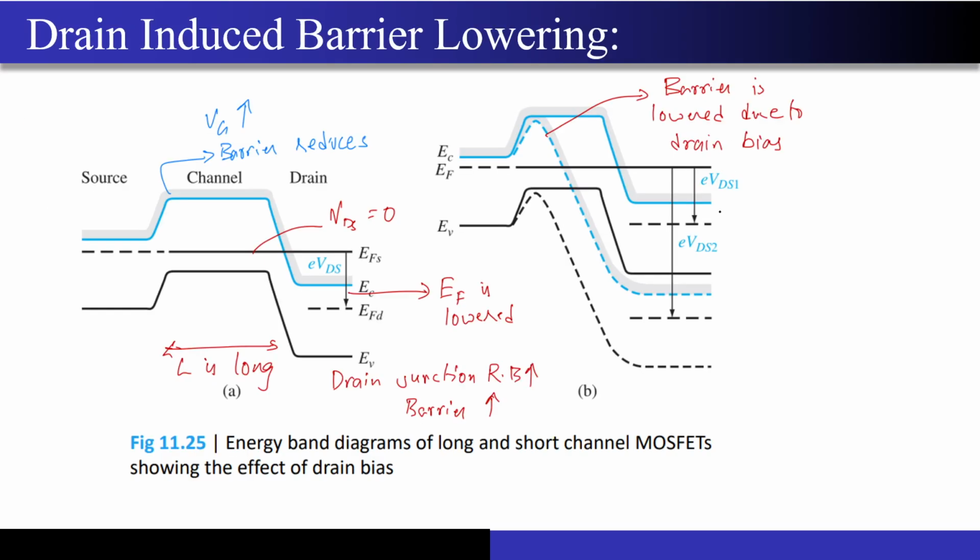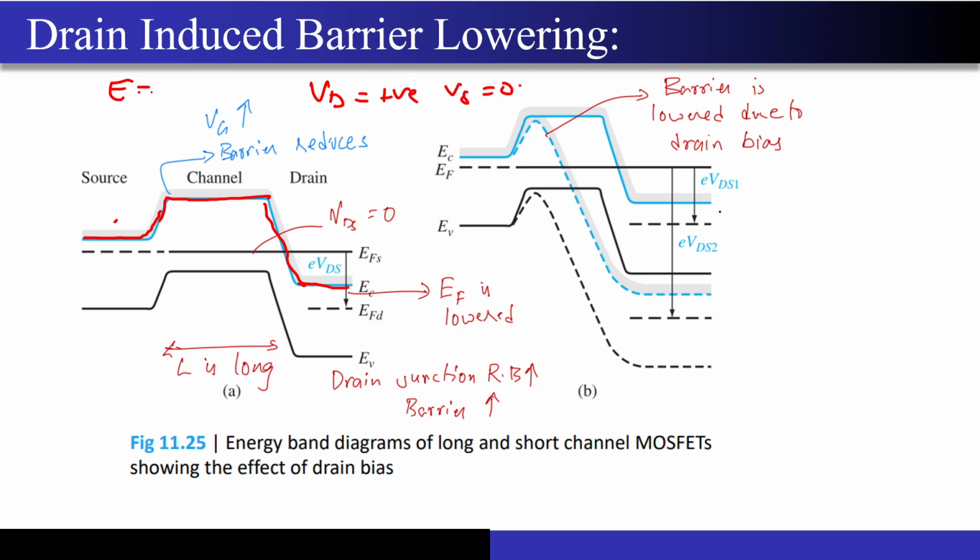Now what we will do, we will take this DIBL, the drain induced barrier lowering, then we will take a 5 minute break and then go on to the next concepts, correct? So what is this drain induced barrier lowering? It is not a very complicated phenomenon. If you look at this energy band diagram, you can see that the drain is at a lower energy compared to the source, and this is because the drain voltage is positive and the source voltage is 0.